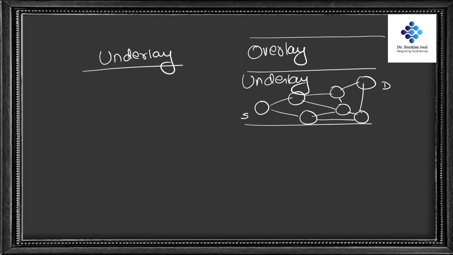What overlay would say was, I want to go from A to B, and that's it. That's what overlay would say. Now how you reach from A to B, underlay, that is your problem. I am not coming into that part.